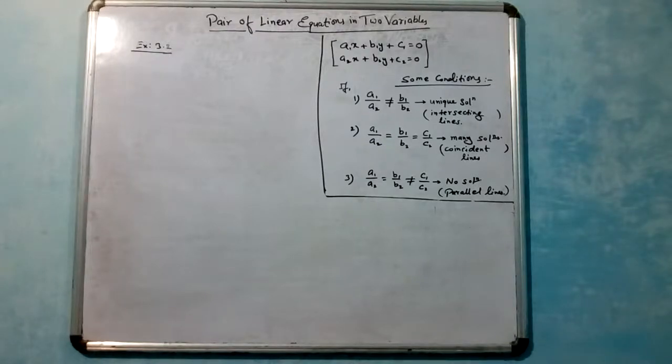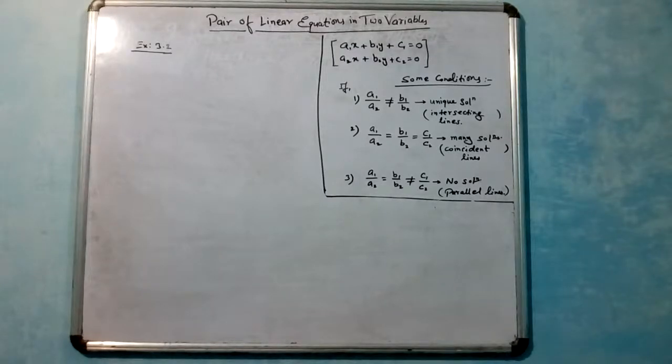If in the comparison of the ratios it is coming no solution, we won't proceed further. We will stop there itself. Why? Because it is actually an inconsistent pair of equations. But if the first two cases are coming, then we have to present them on the graph also.